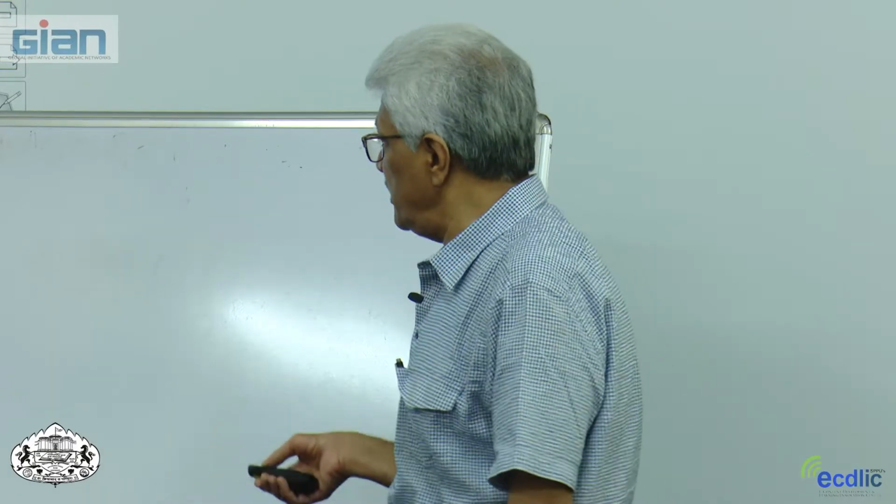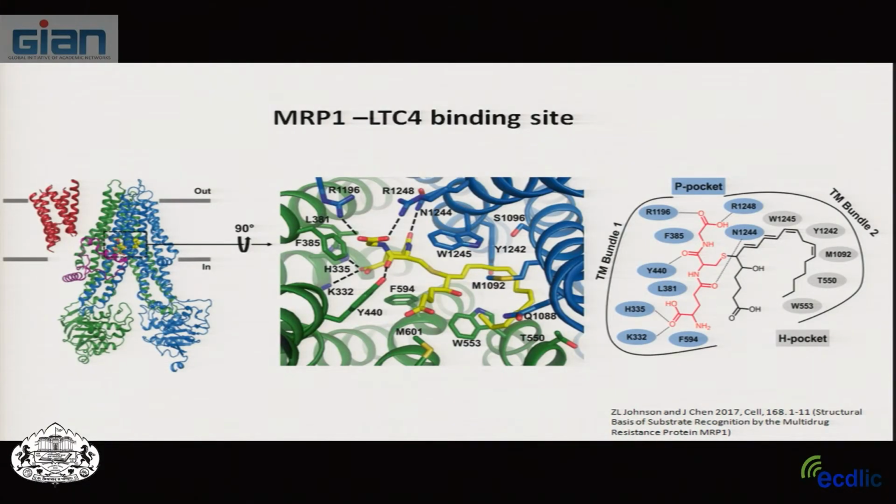This is a cytokine. And interestingly, till now we did not really know what the binding sites were, or how different they were for leukotriene C and anti-cancer drugs. But in a recent structure, again this year, we have the structure of bovine MRP1 complexed with LTC4.